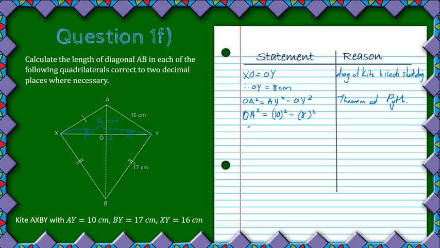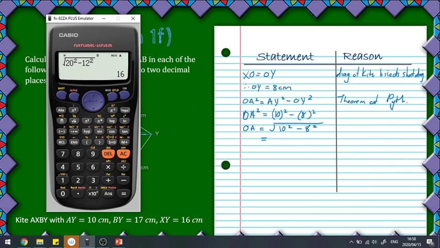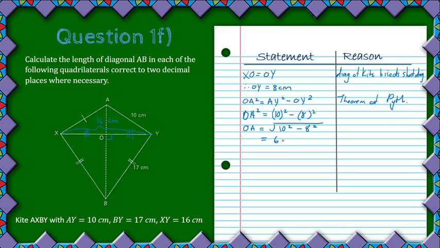Then OA will be the square root of 10 squared minus 8 squared. Let's put that on the calculator: 100 minus 64, so this gives me 6 centimeters.